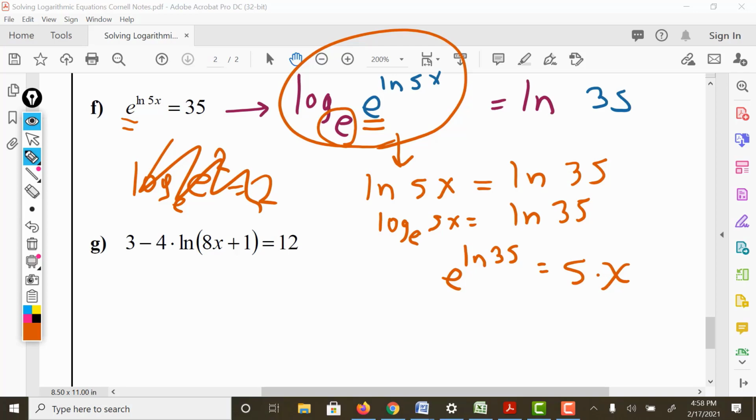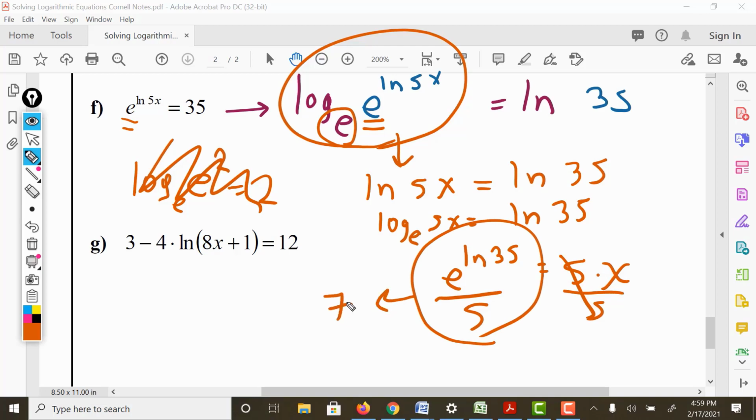The funny thing here is I divide both sides by 5. And if you were to put this in a calculator, you're going to get 7. If we do the same thing like we did before, this trick with the log base e, it would have come out to be 35 over 5, which is 7 anyway.